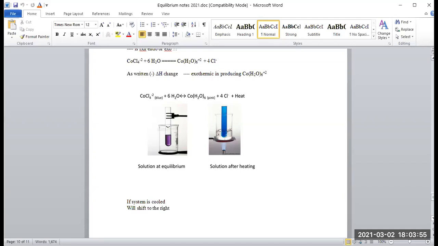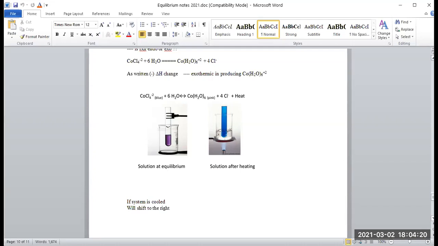You're adding heat, which is driving it backwards. Basically, you are inputting something that the equilibrium views as a product, which is shoving your equilibrium backward. And yes, that's why it turns blue. For a moment there, I'm just like, wait a minute, it's backwards. But no, it actually isn't.